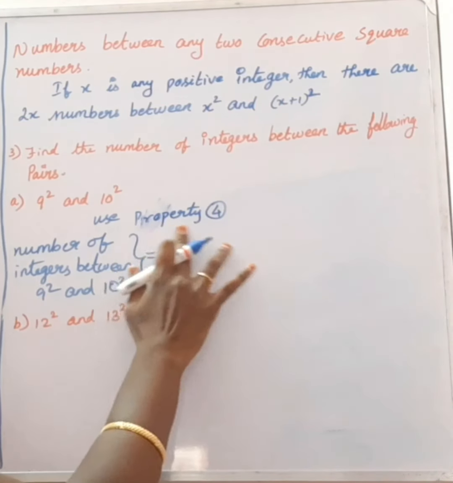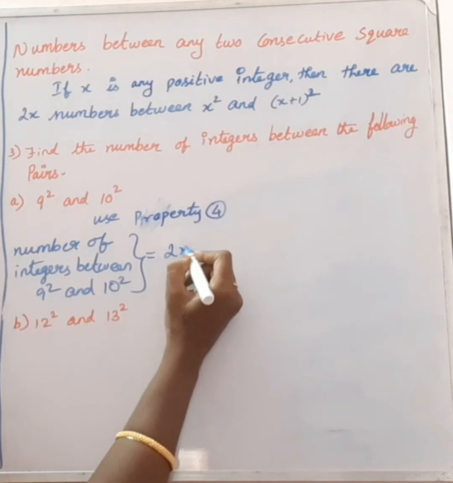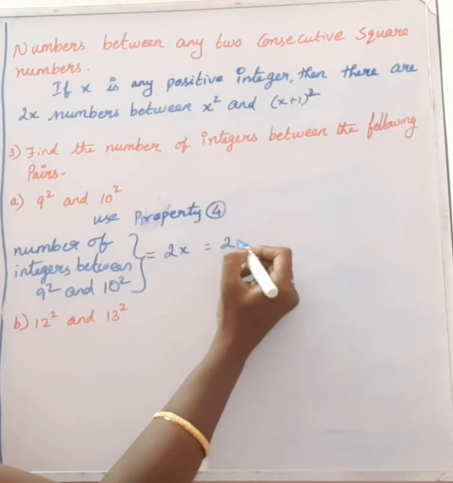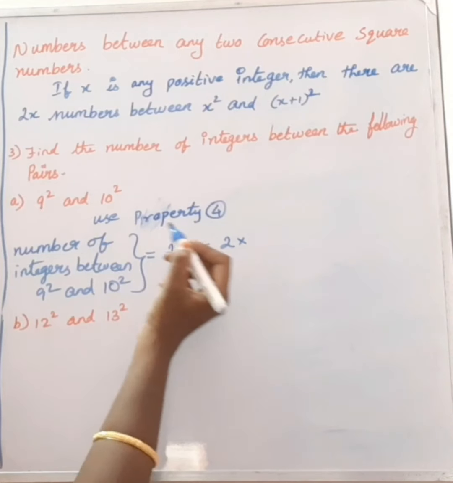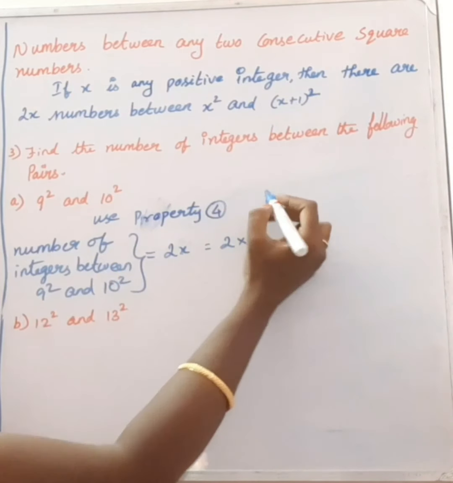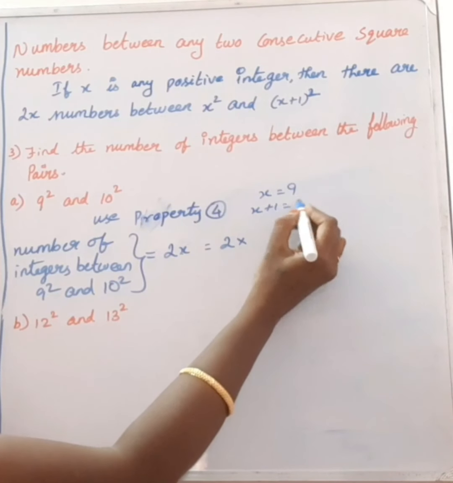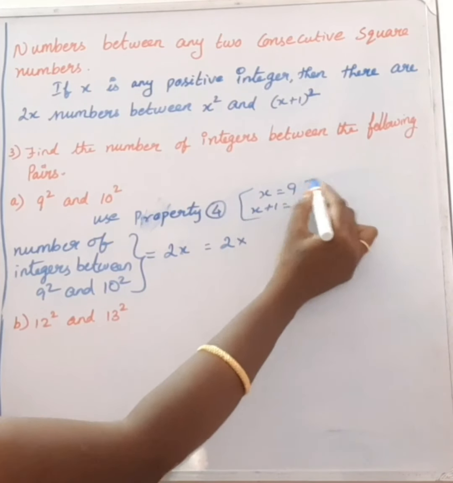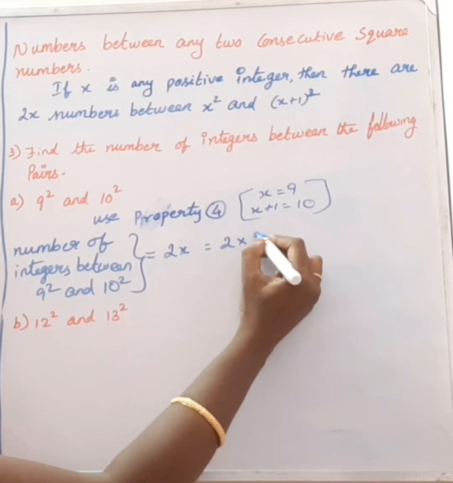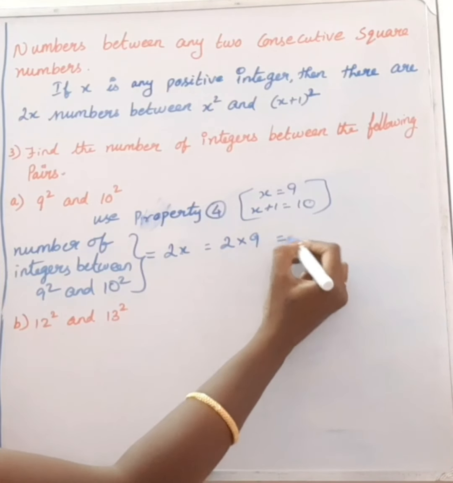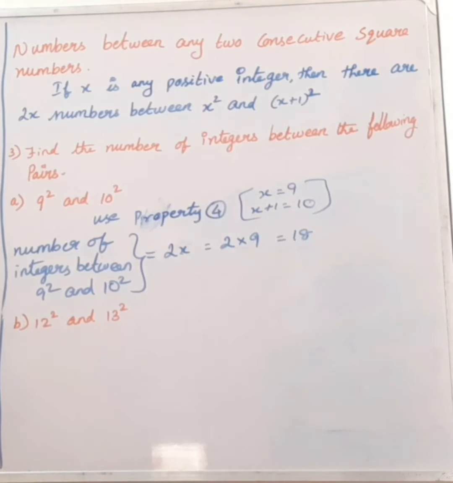So we write the 2x here. What is the value of 2x? 2 into what is the value of x here? 9, because the x value is 9 and x plus 1 is equal to 10. So x value is 9. So 2 nines are 18. So we get the in-between number as 18.